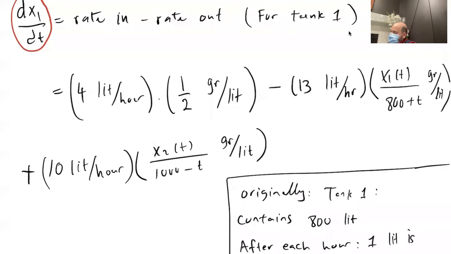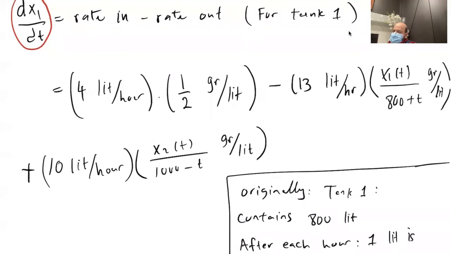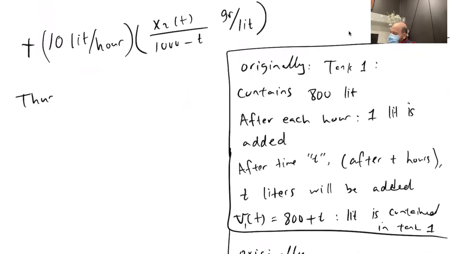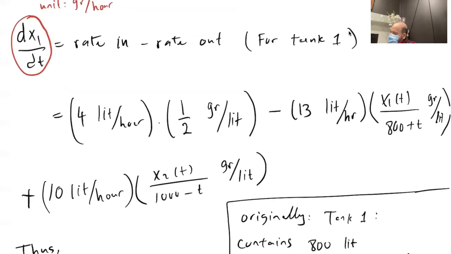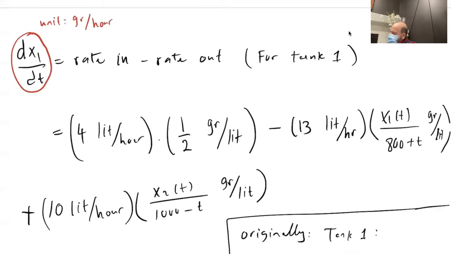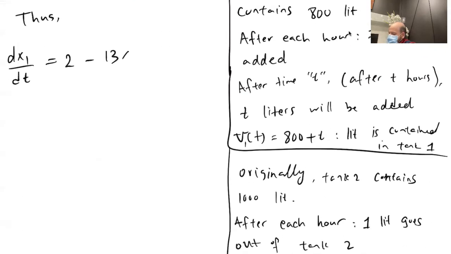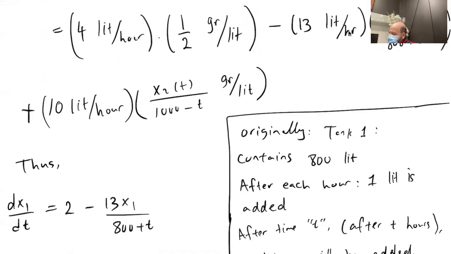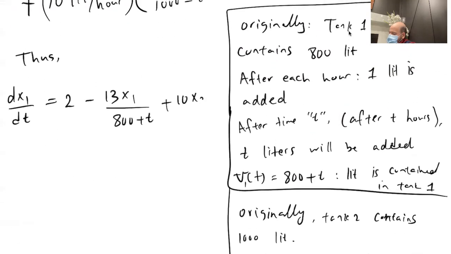So this is the ODE for the amount of salt in tank 1. So dx1/dt equals 4 times 1/2, so that's 2, so 2 minus 13x1 divided by 800 plus t, and then plus 10 times x2 divided by 1000 minus t.